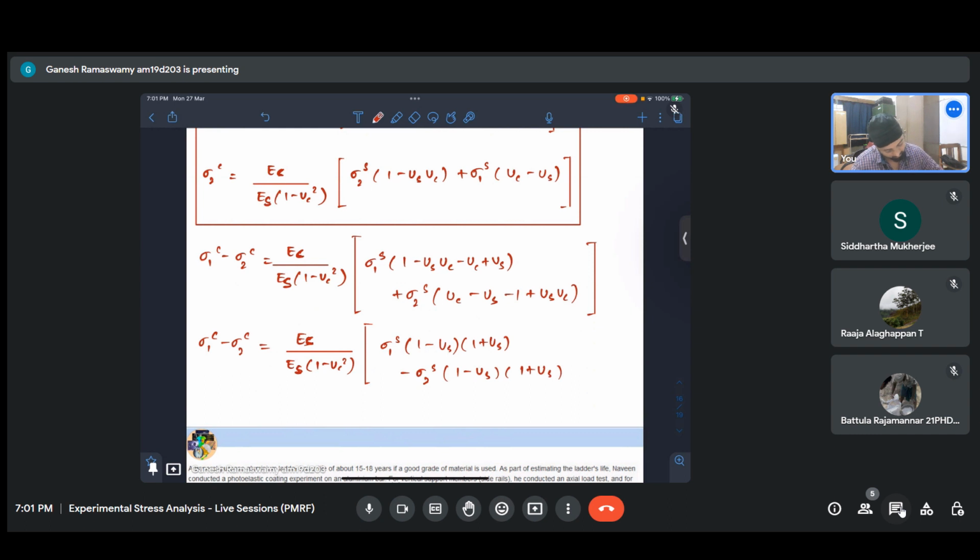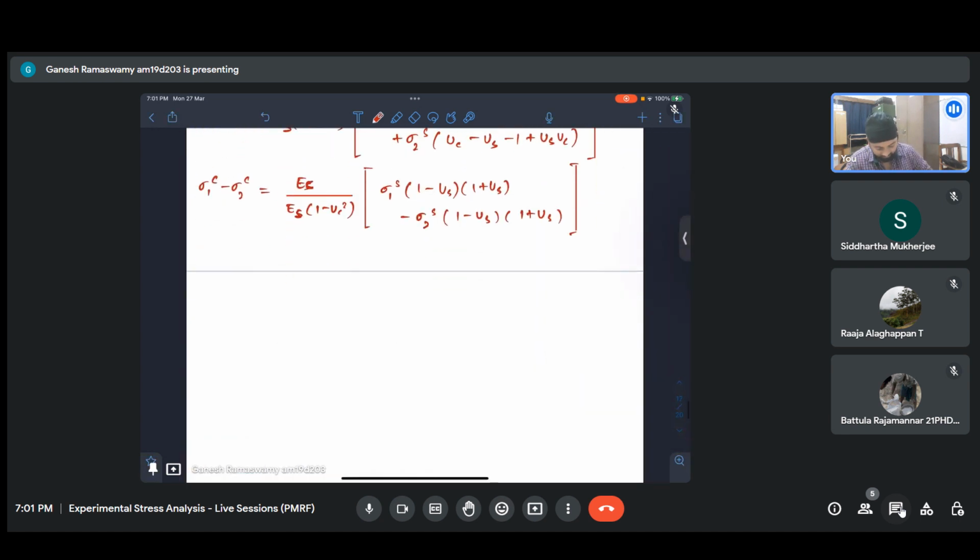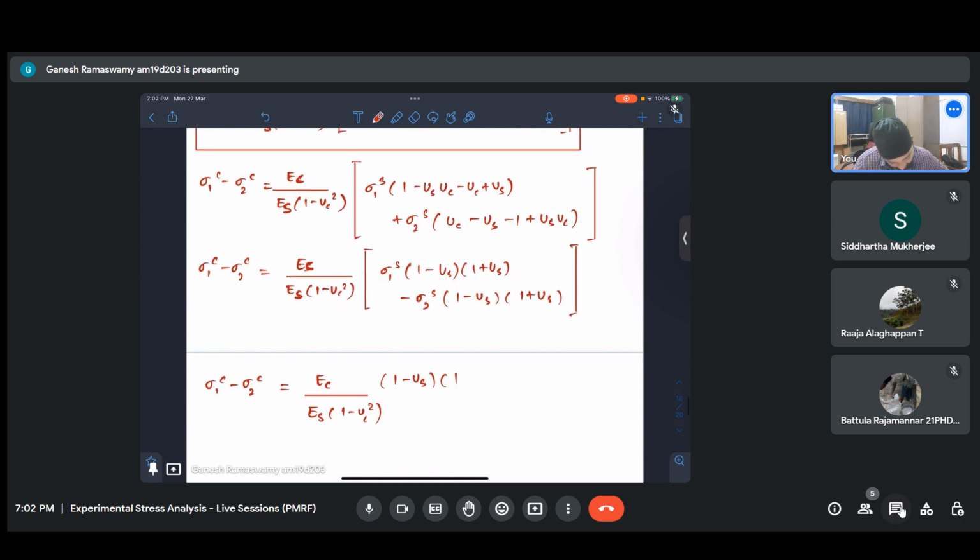This will be the term inside the bracket. Now having done this, we can simplify further. Sigma 1c minus sigma 2c is nothing but Ec by Es into 1 minus mu c squared into 1 minus mu s into 1 minus 1 plus mu c. This will be 1 minus mu c.